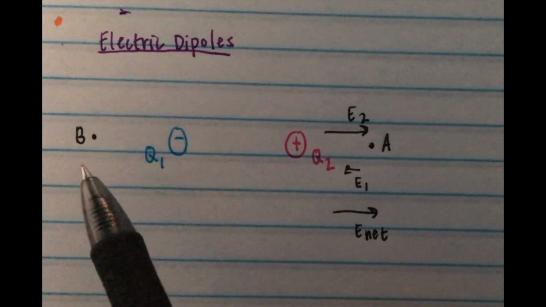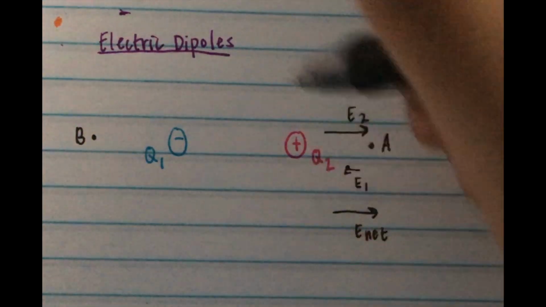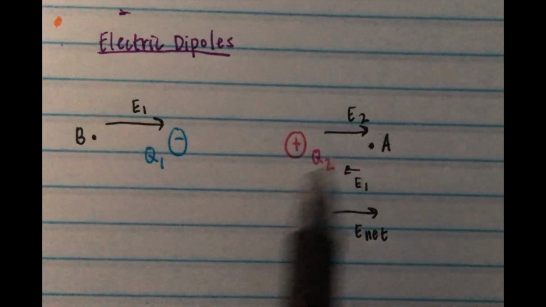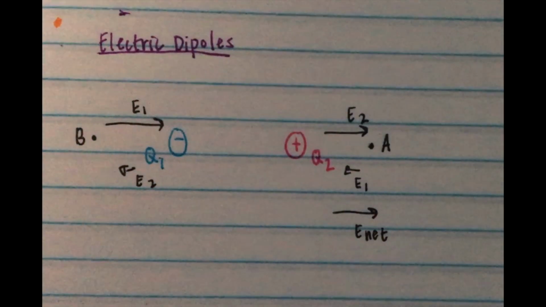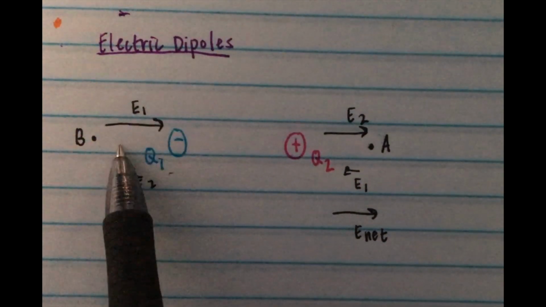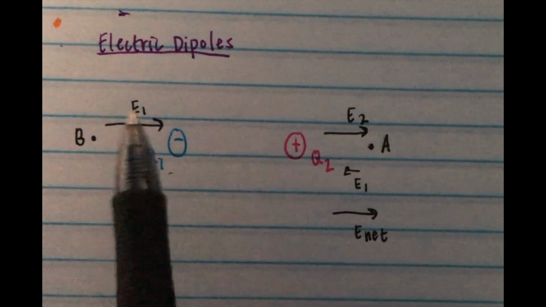Similarly, at point B, we have E1 being directed towards the negative charge, and we also have E2 being emanated away from Q2, but due to the larger distance between Q1 and Q2, E1 will have a greater magnitude than E2, meaning that the electric field is also directed towards the right at this point.